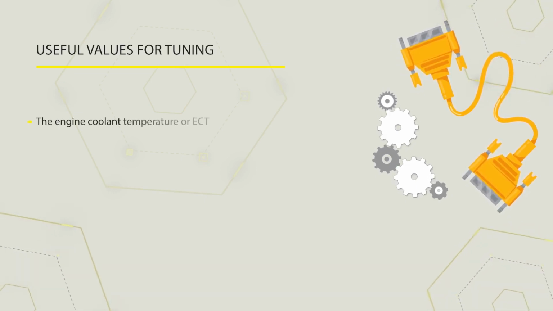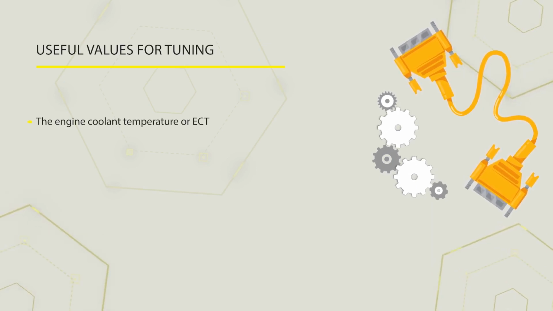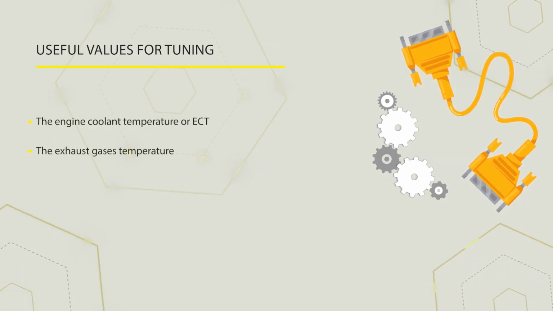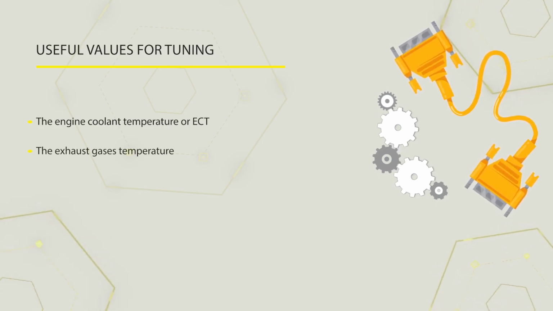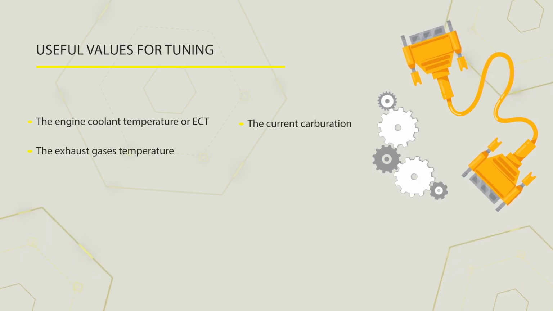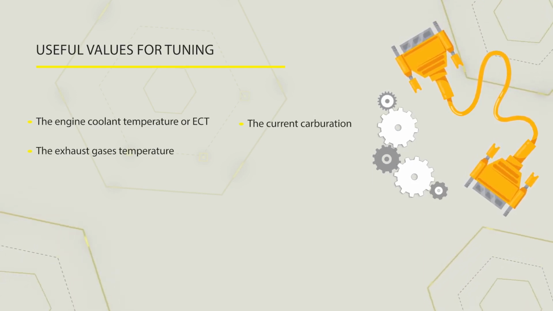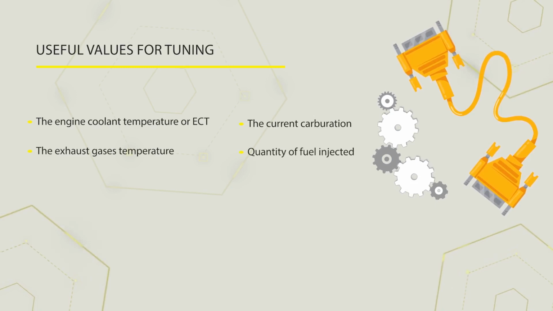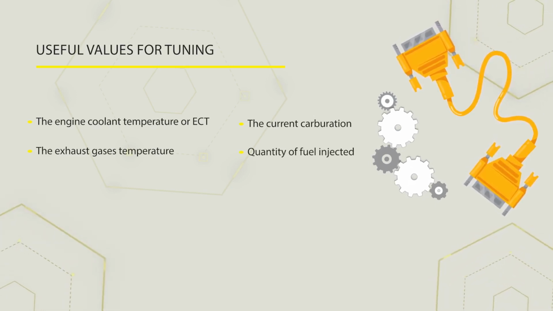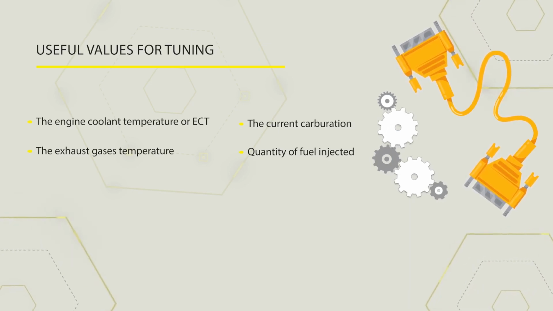The engine coolant temperature, or ECT, expressed in degrees Celsius or Fahrenheit. The exhaust gas temperature, also expressed in degrees Celsius or Fahrenheit. The current carburation, expressed in lambda or air-fuel ratio. Quantity of fuel injected, expressed in milligrams per stroke or cubic millimeters per engine cycle.